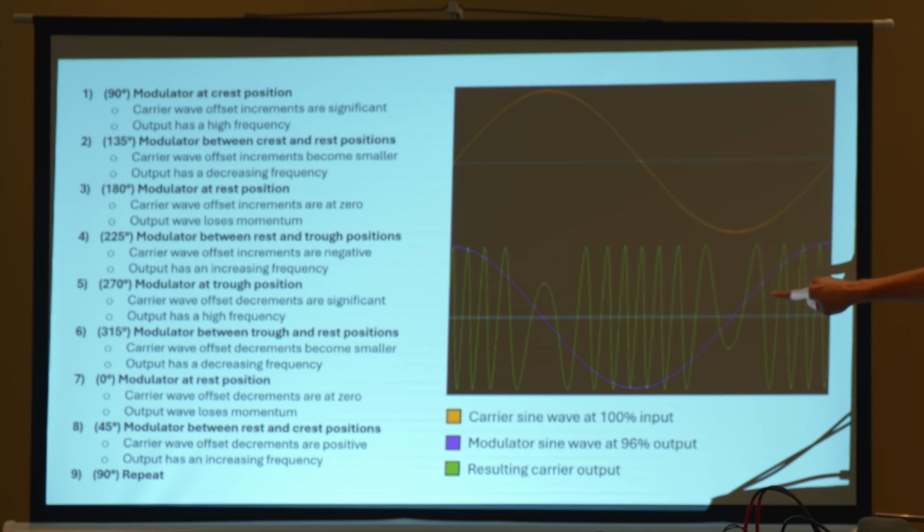At the 0 point, the modulation of that carrier, the sine wave, comes to a complete stop. And then as the modulator comes down negative, the sine wave direction changes and goes backwards. That's why these don't go all the way to the top and bottom.